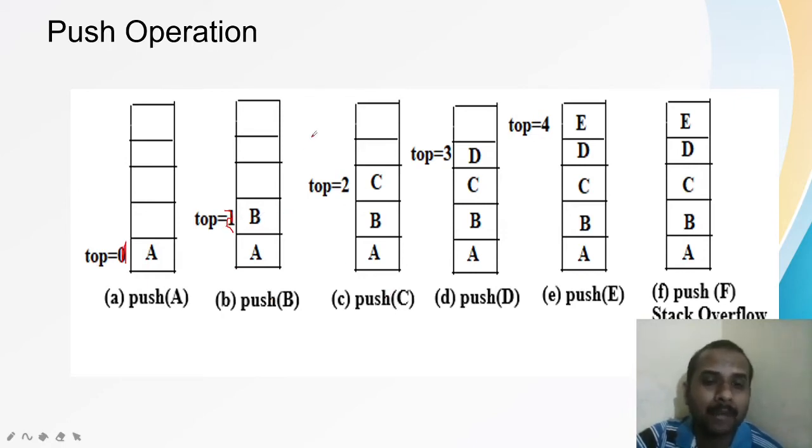Now again I have a push operation. When another push operation comes, what do I have to do? I have to increment the top, correct? So top was 2, now I will increment it to 3.